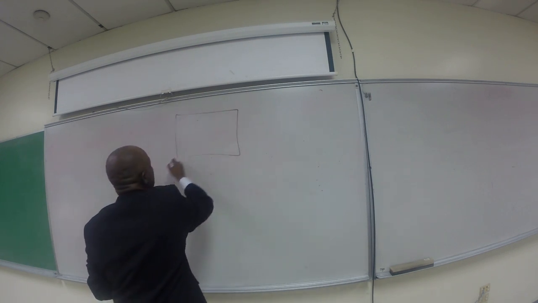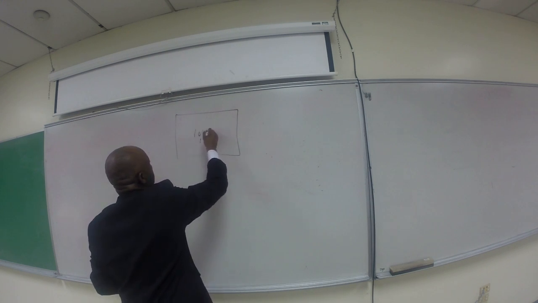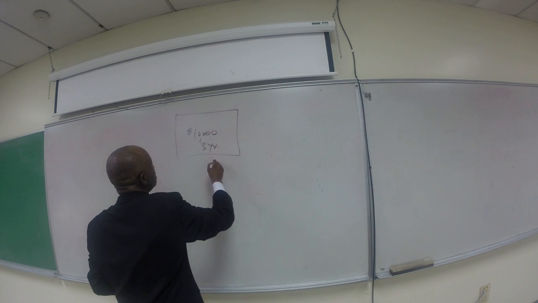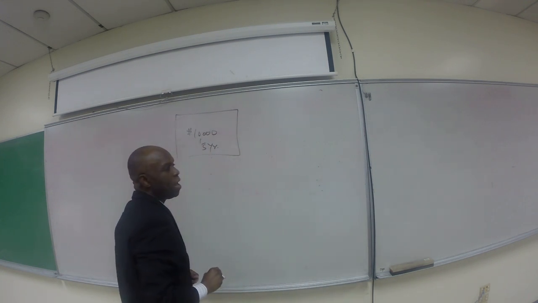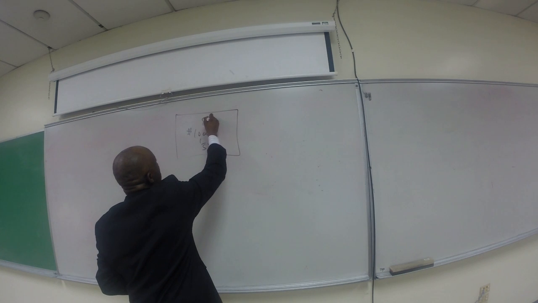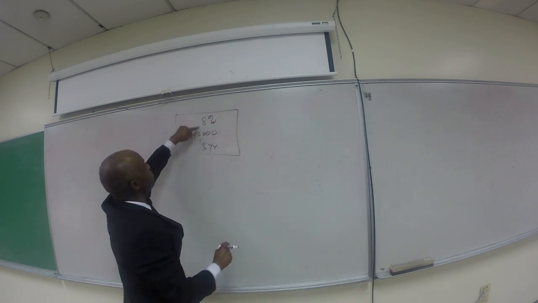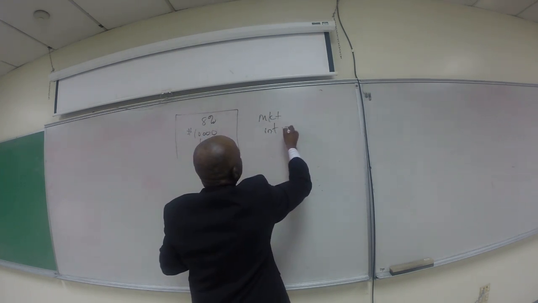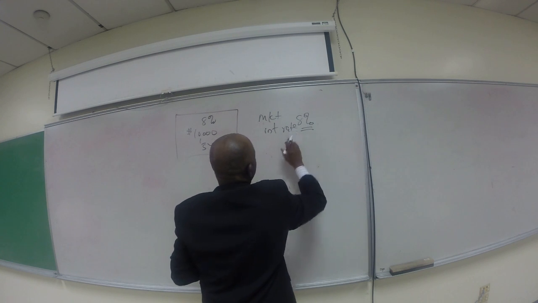So here is the example we were illustrating. Let's assume that a company issued a $10,000 bond. It is a 5-year bond, and the stated interest rate is 8%, and the market interest rate is also 8%, all right?